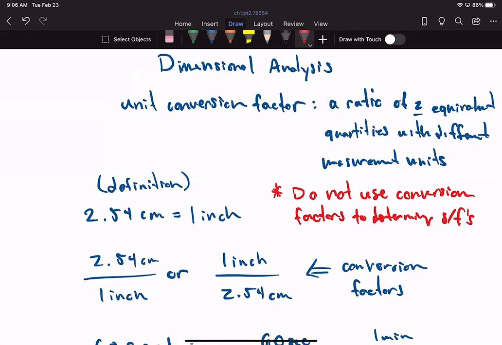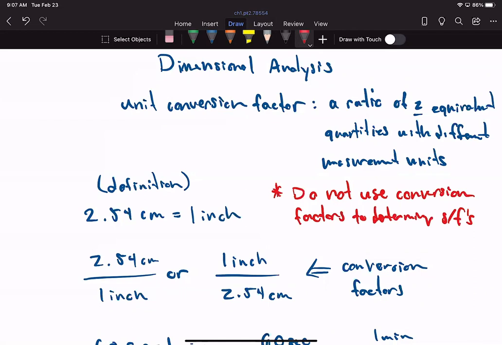Those are exact numbers, and definitions also are what we consider exact numbers. When we write 2.54 centimeters equals 1 inch, that's exact. 2.54 centimeters is exactly 1 inch. 2.53 centimeters? No, that's not an inch. 2.55 centimeters? No, that's more than an inch, right?